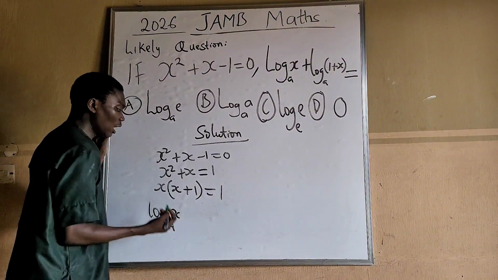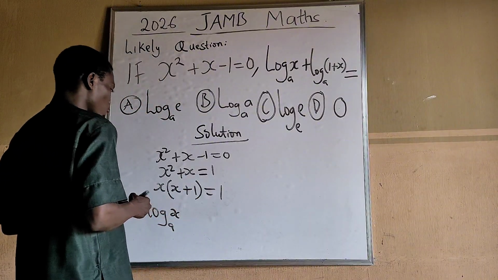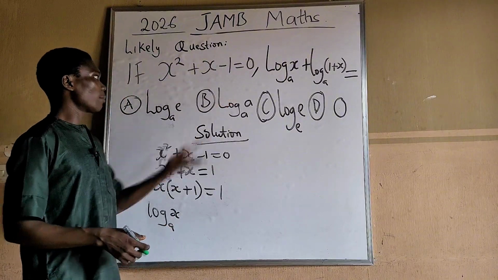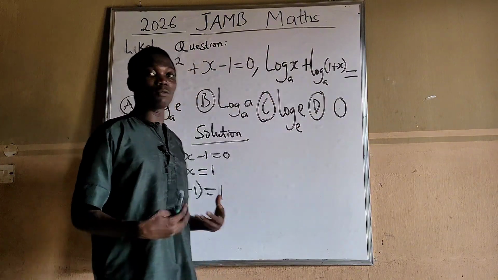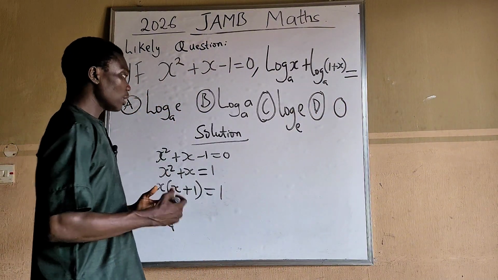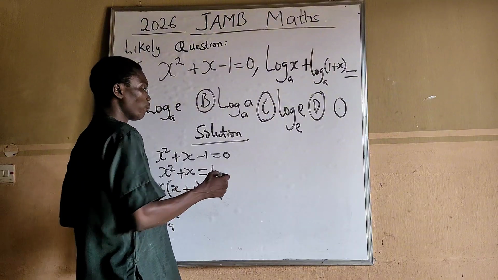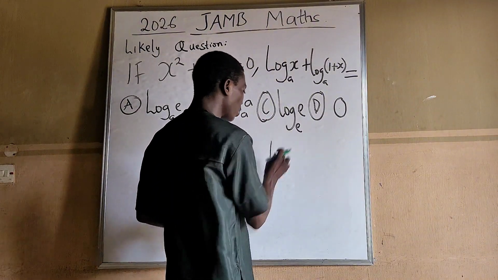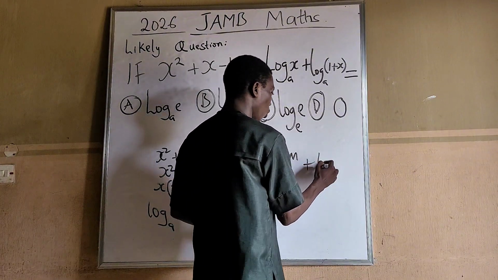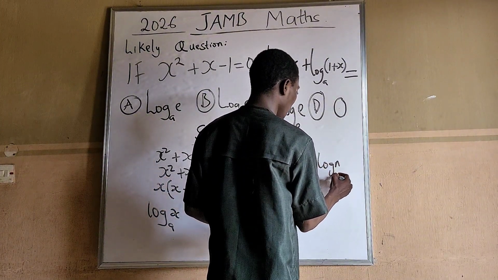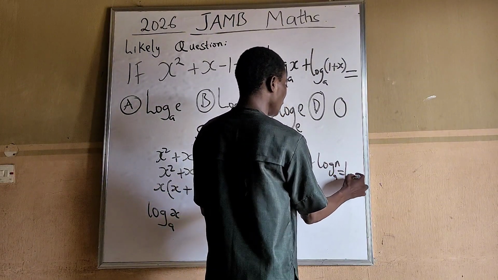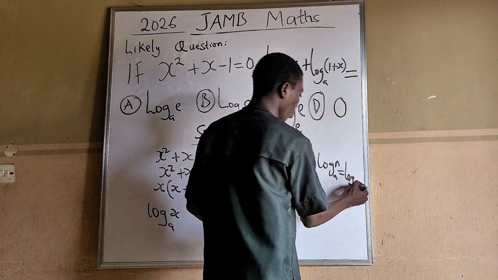Log x. Now, whenever they don't give us any base, we decide to use base a, because base a can be found in the options. So in logarithm rule, we know that with multiplication, if I have log m base a plus log n base a, since the bases are the same, just pick one to represent both.